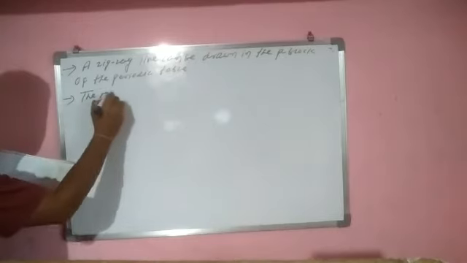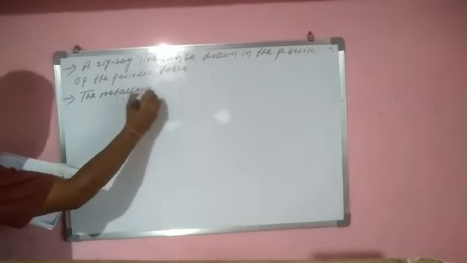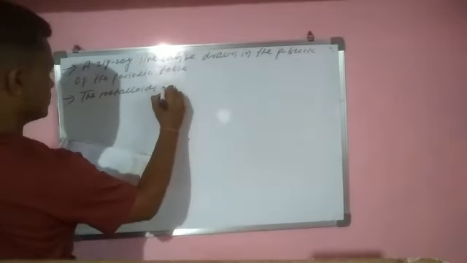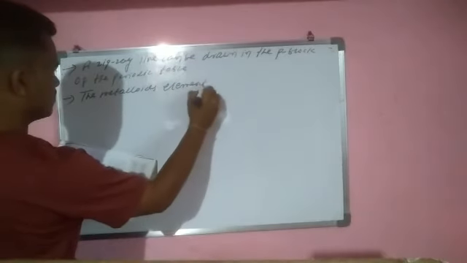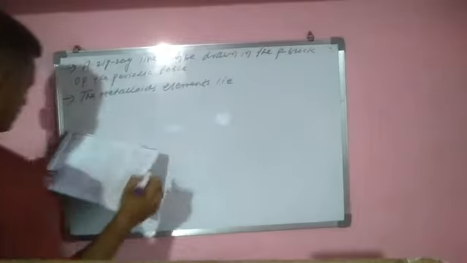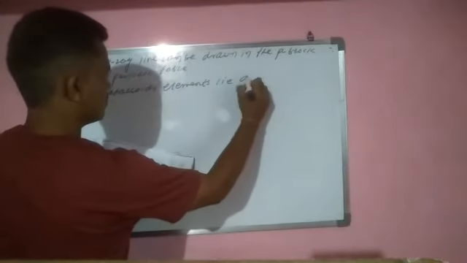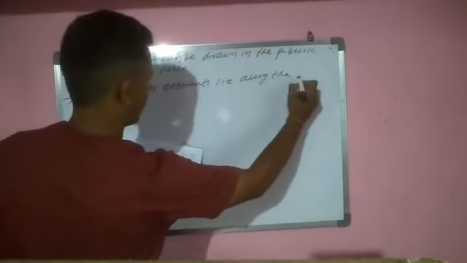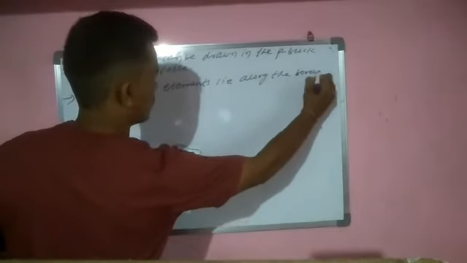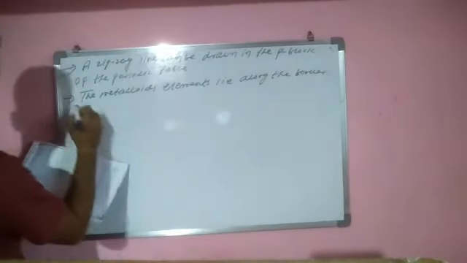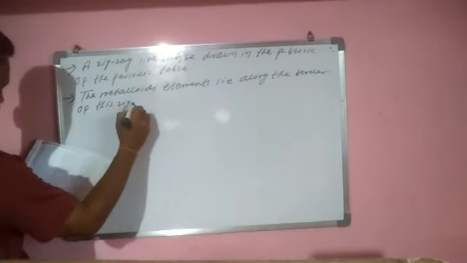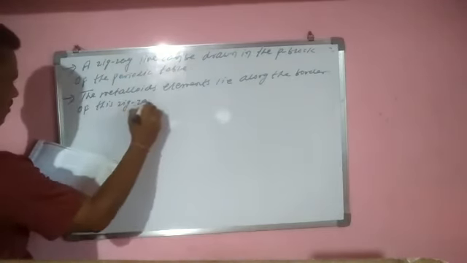The metalloid elements lie along the border of this zigzag line.